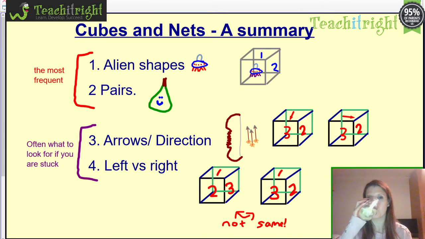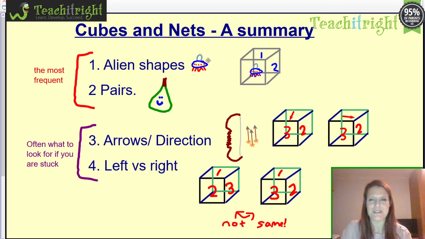So a summary, as you've probably noticed from going through the answers to those questions, the most frequent things that we find are alien shapes and pairs of faces. I hope you're liking the little drawings here. I'm quite liking these as well.